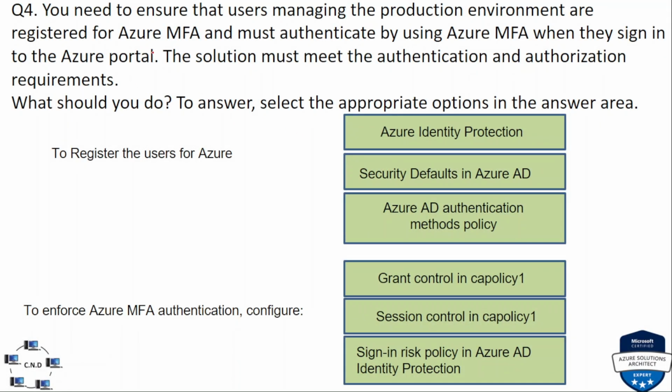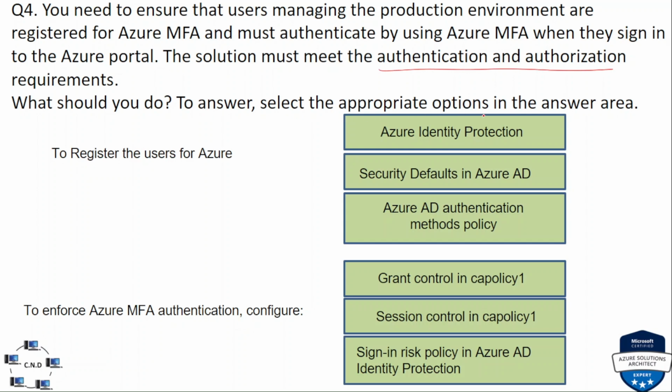Question number 4 is that you need to ensure that users managing the production environment are registered for Azure MFA, that is multi-factor authentication, and must authenticate by using Azure MFA when they sign in to the Azure portal. The solution must meet authentication and authorization requirements. What should you do?